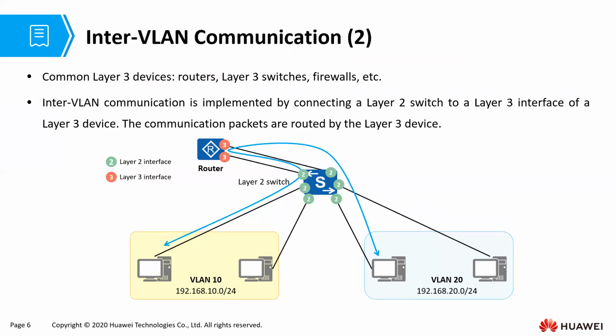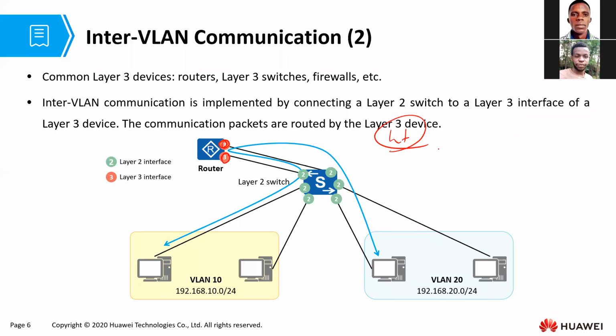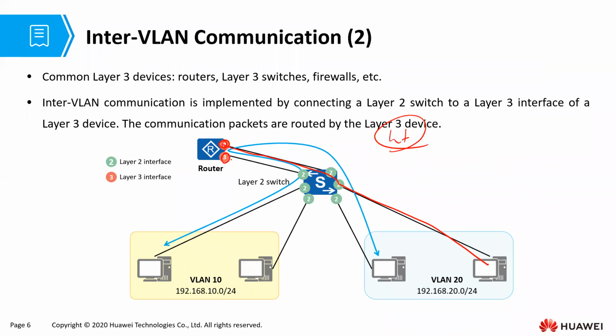Please note that logically, we definitely need 2 layer 3 interfaces. One interface will be the default gateway of that VLAN. The other interface will be the default gateway of this VLAN. Does that make sense? Because they are different networks. Are we together?